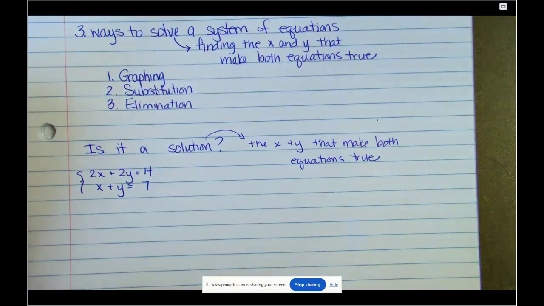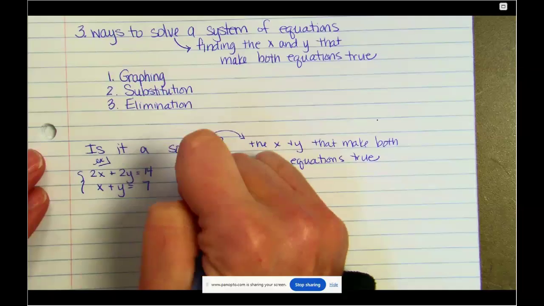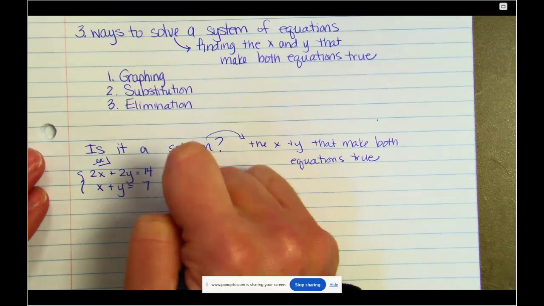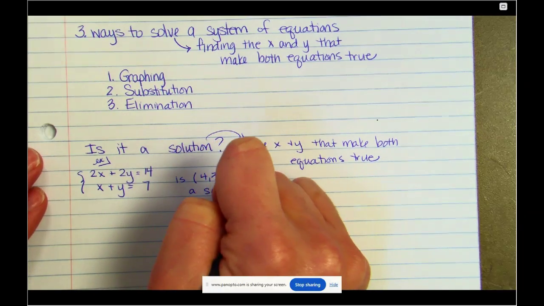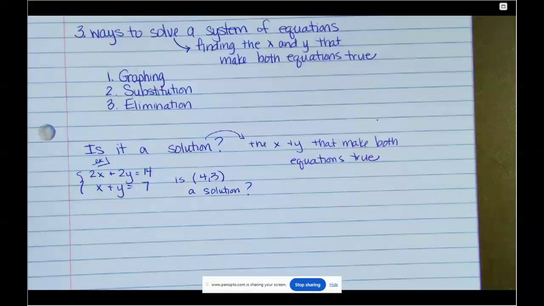Okay, so this is what it'll look like in your book: is (4, 3) a solution? These are yes/no questions, but you got to have some work behind it. It's not hard work either. That's the nice thing about these questions. This is easy work, light work, as y'all say.